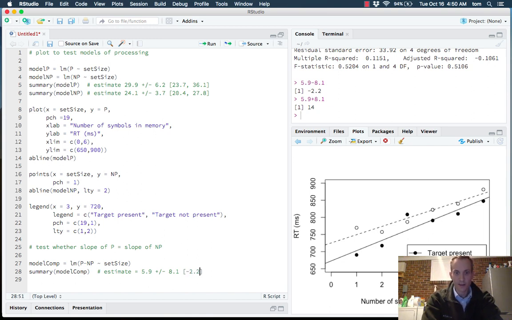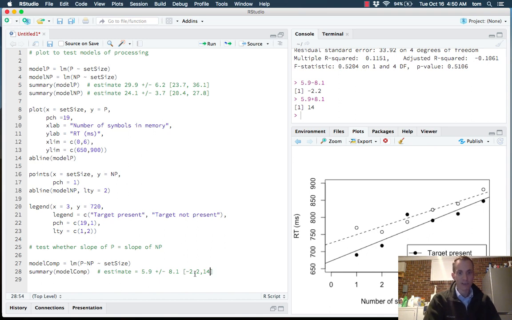But our confidence interval on the slope is negative 2.2 to 14. What that means is that we're reasonably confident that that slope is 0. All right? 0 is contained in this interval. And since 0 is contained in that interval, then we're reasonably confident that the slopes coming from P and NP are the same. They are equal to each other.